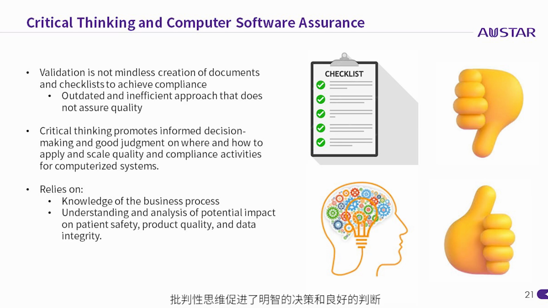Critical thinking promotes informed decision-making and good judgment on where and how to apply and scale quality and compliance activities for computerized systems. It's of major importance that critical thinking relies on a robust knowledge of the business process, the product, and the regulated field. Only with this knowledge can someone analyze the potential impact of a system on data integrity, product quality, and patient safety.